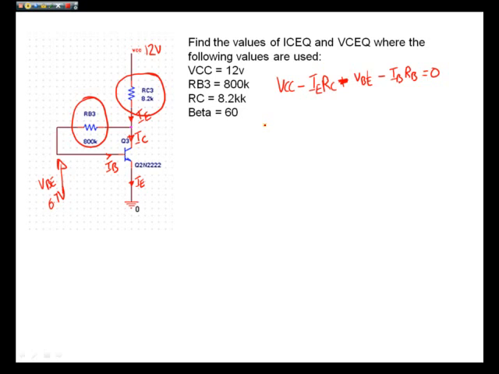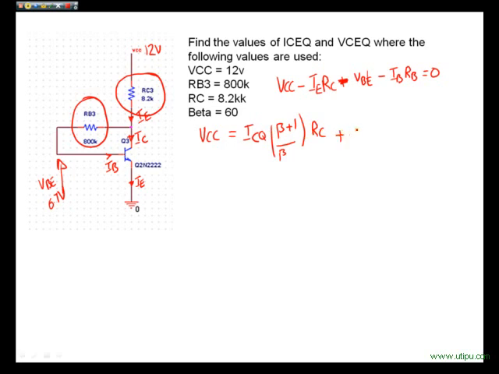If we want to relate all of that to, for example, the collector current, we could rewrite the expression: VCC is equal to ICQ, beta plus 1 over beta, so we're accounting for those fractions, RC.